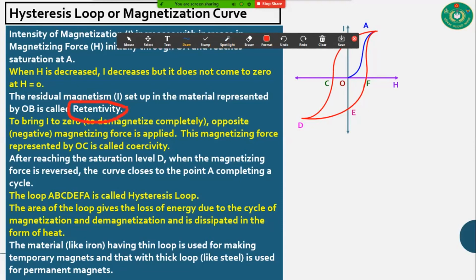And the material possessing higher coercive force than that of retentivity is used to make permanent magnets, like steel. Okay, let's see a video. After observing this video, I think your concept about the hysteresis loop will be very much clear.